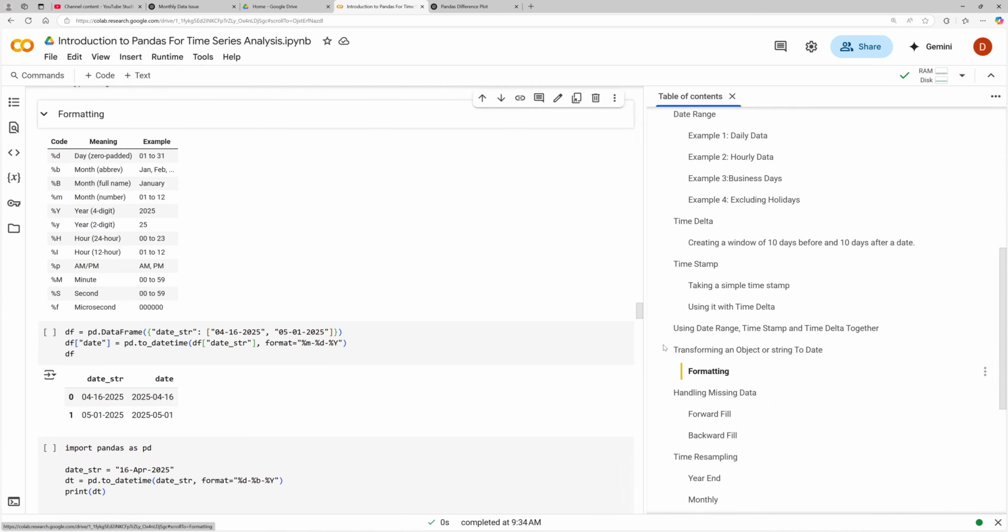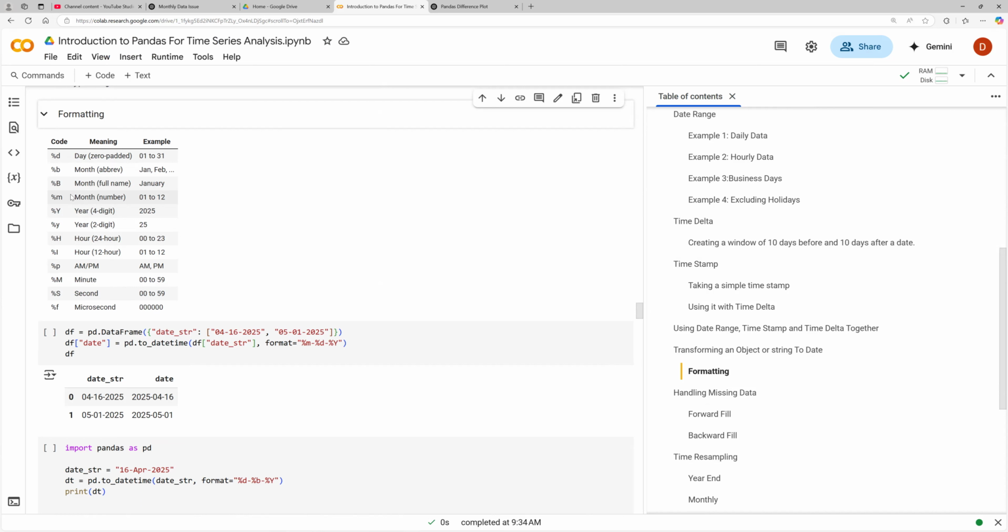There's multiple ways to format this, right? You could do it by day, month, year. You could do it month, day, year, right? So there's multiple ways of formatting it, and it depends on your preference, and then also the data that you're given, what format it comes in.